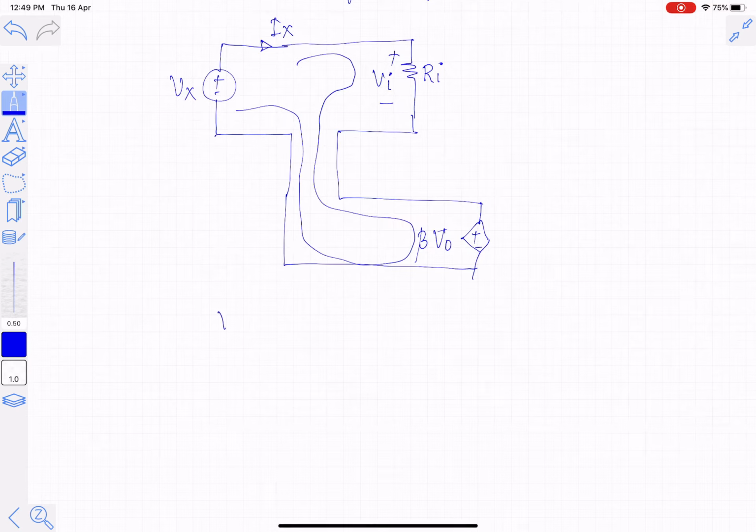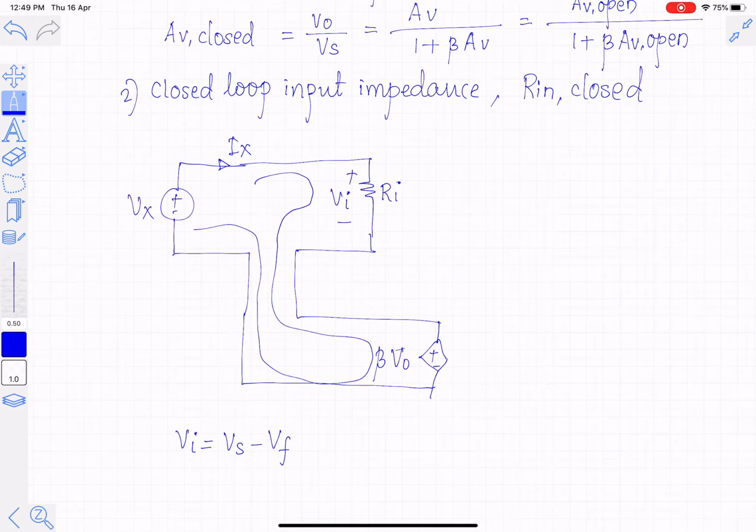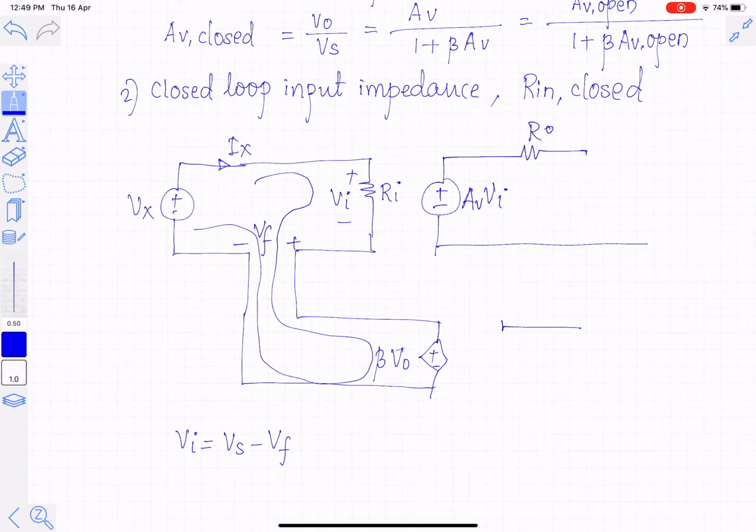So I will write here Vi is equal to Vs minus Vf, and so this is plus minus Vf. On this side there is plus minus Av into Vi, then there is Ro, and then there is an open loop input side. The feedback network has input impedance equal to infinite.